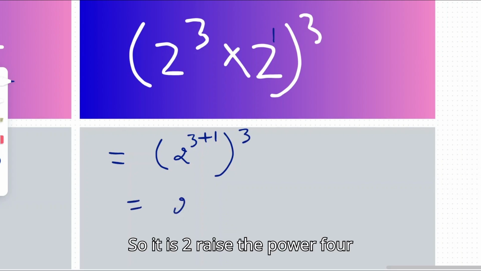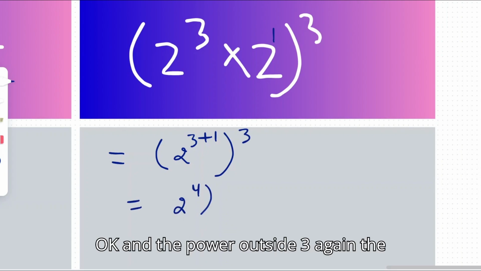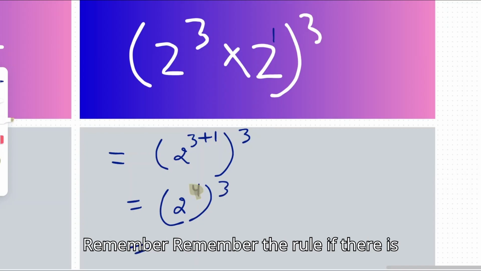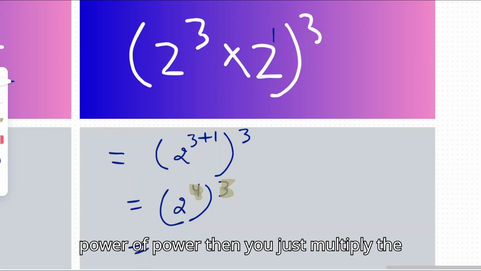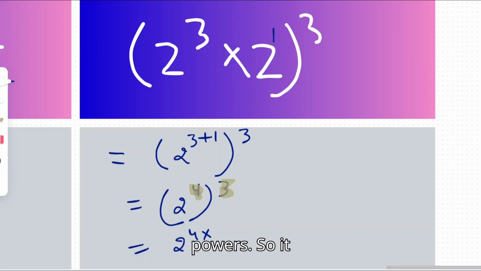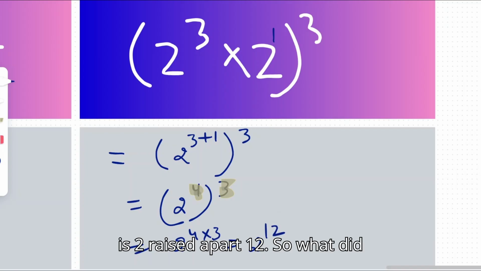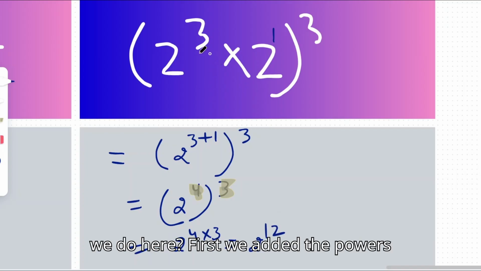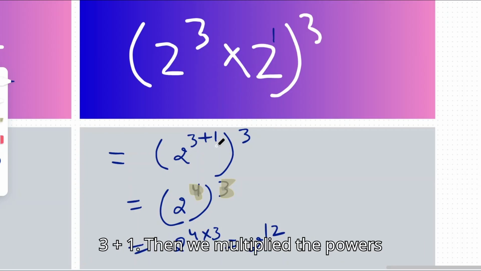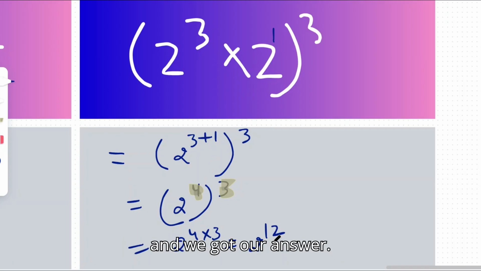So it is 2 raised to the power 4. Okay, and the power outside 3. Again, remember the rule. If there is power of power, then you just multiply the powers. So it is 2 raised to the power 12. So what did we do here? First we added the powers, 3 plus 1. Then we multiplied the powers and we got our answer.